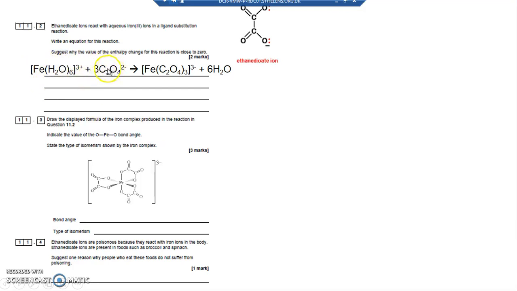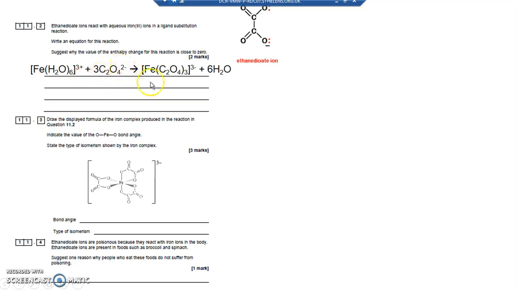So I only need 3 of these to make 6 coordinate bonds. So I need 3 of these to replace the 6 waters. So 3 of them. How do I know it's 3 minus? Well, this is Fe3+ because waters are neutral, have no charge. They have a 0 overall oxidation state. Fe3+ in a 3+ oxidation state, 0 leaves 3+ overall.